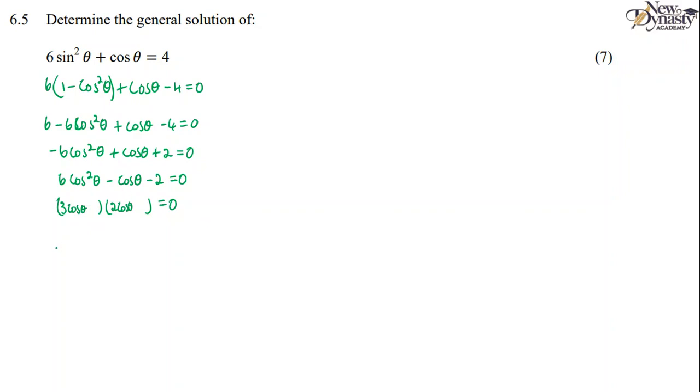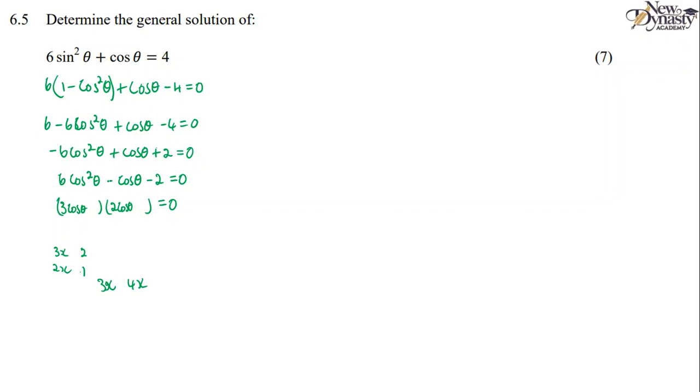If we've got 3x and 2x, 3 times 1 is 3x, and 2 times 2x is 4x.